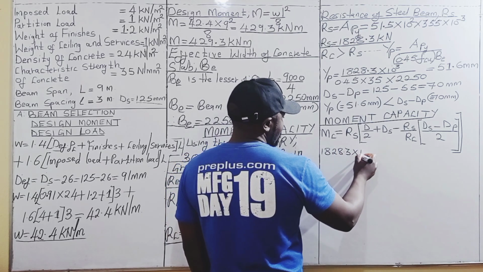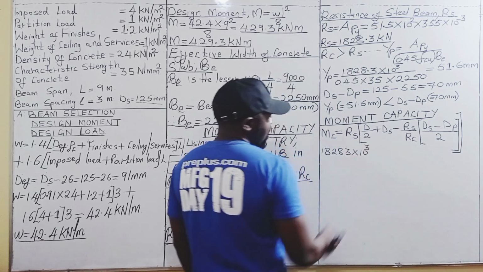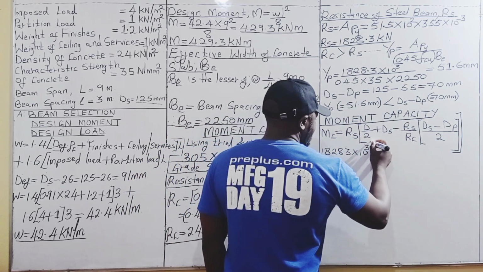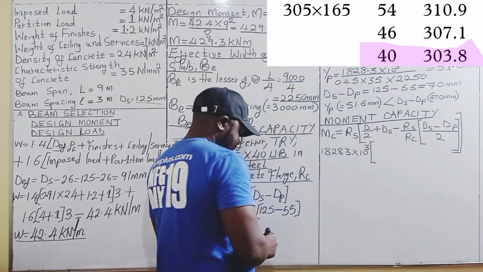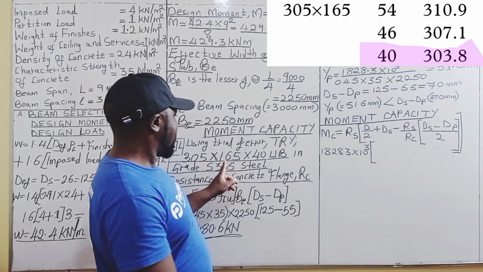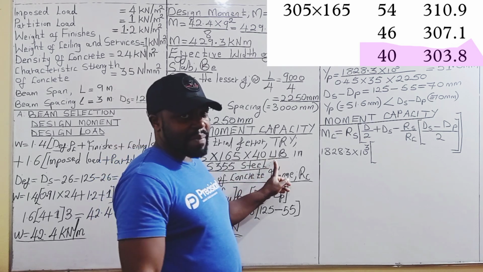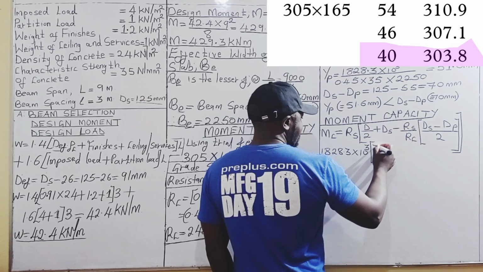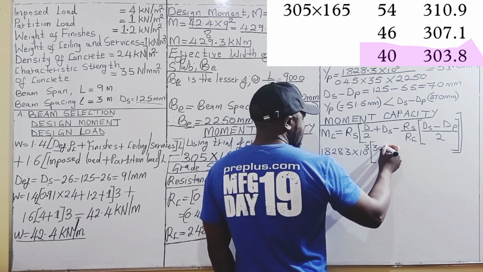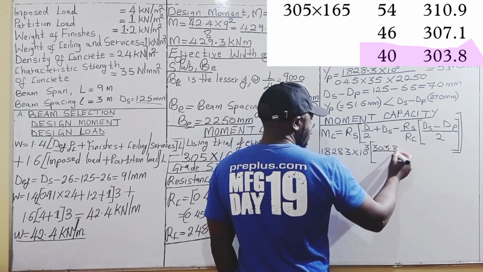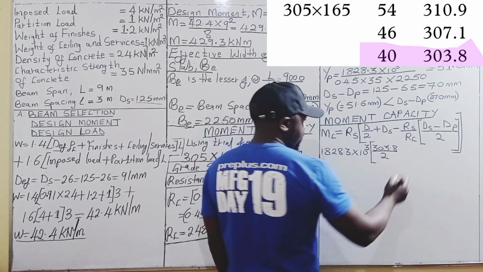1,828.3 kilonewtons. We convert to newtons, that is multiplying it by 1,000, into D, the depth of this UB section, that is 305 by 165 by 40, from appendix B of the BS 5950 is 303.8 millimeters. We divide this by 2.